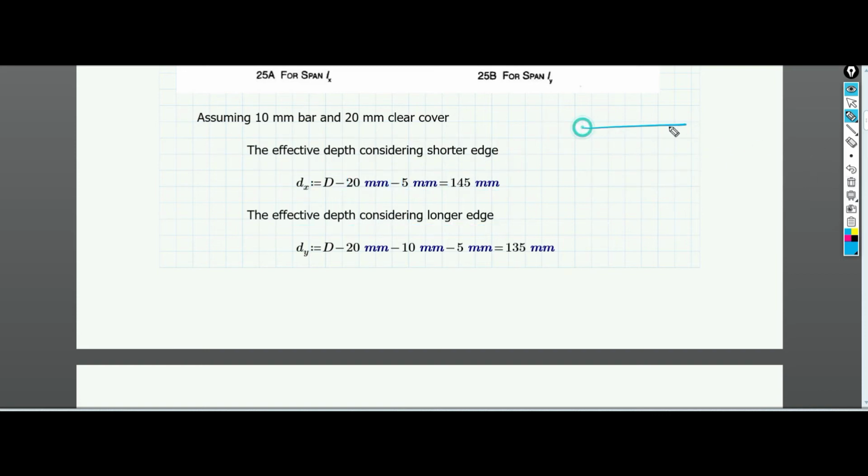Let me show you like this. If I say dx, it will be up to here, and if I say dy, it will be up to here. So dy will be d minus 20 clear cover, minus the 10 mm bar, then minus 5 mm for half of this reinforcement. So it is 135. Okay.